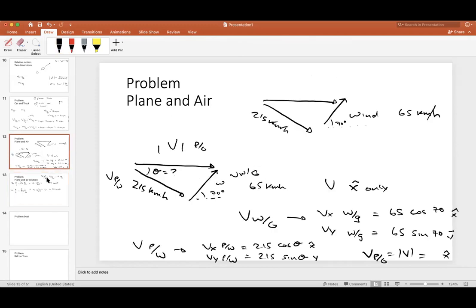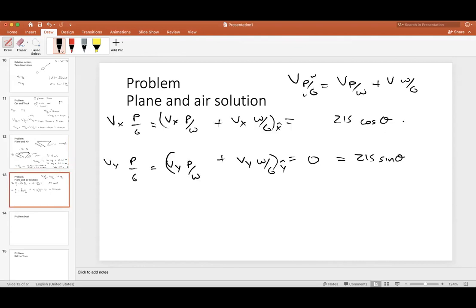And then this is plus 65 cosine of 70 in the x hat. And this is 215 plus 65 sine of 70, but I'm not done yet.